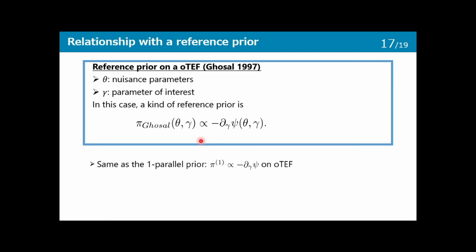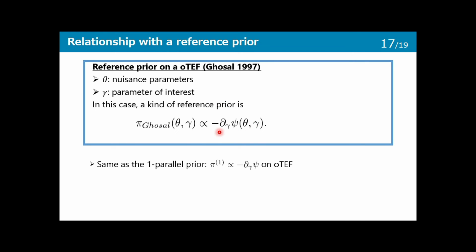Okay. In addition, let us see the relationship with the reference prior. Reference prior is a famous non-informative prior in Bayesian statistics, but I omit the details. By Ghosal's results, a kind of reference prior in an OTF is written in this form.